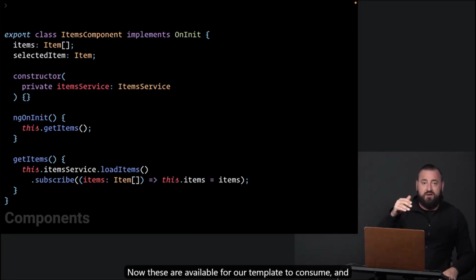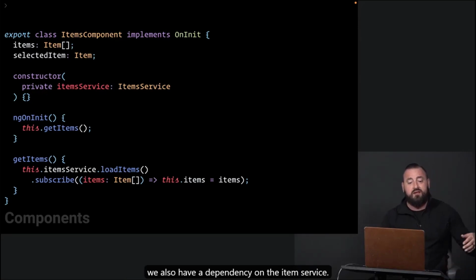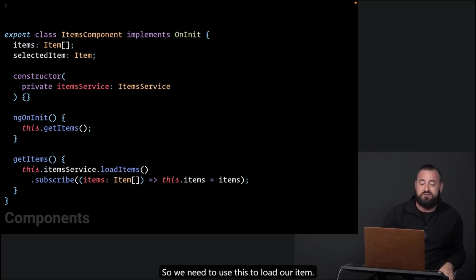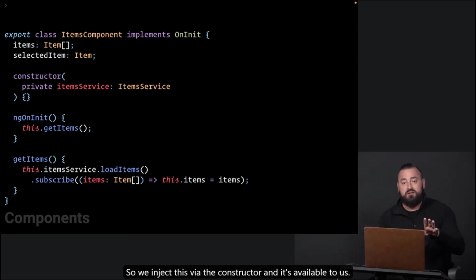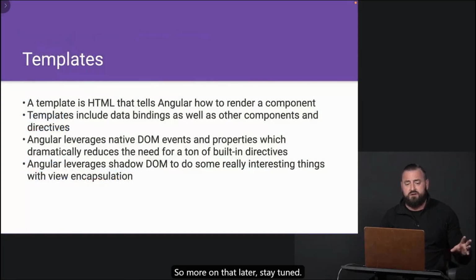These are available for our template to consume, and we also have a dependency on the item service. So we need to use this to load our items. We inject this via the constructor and it's available to us. More on that later, stay tuned.